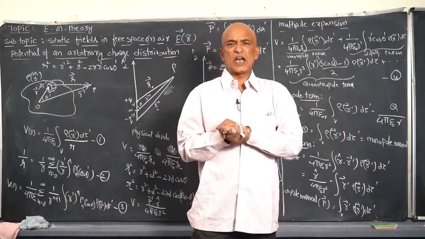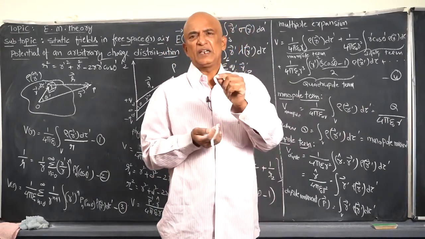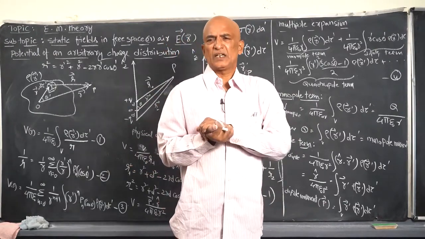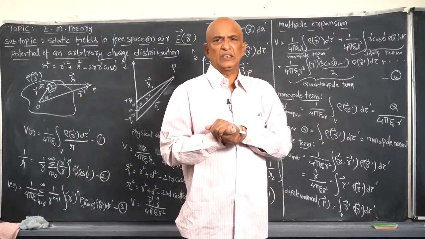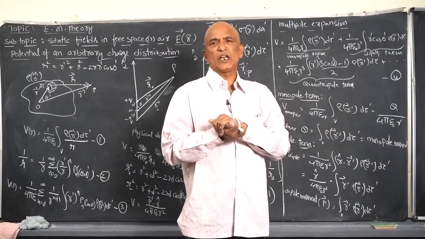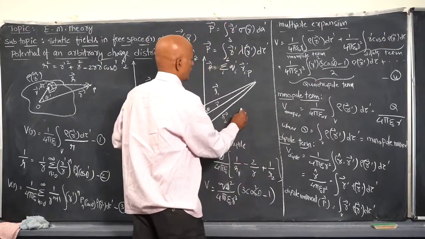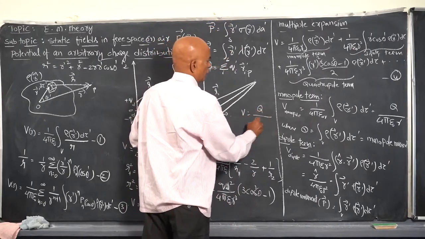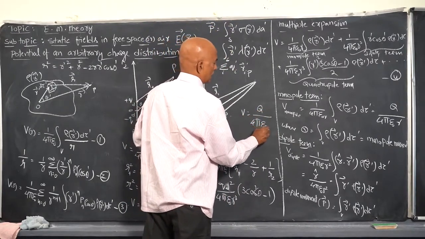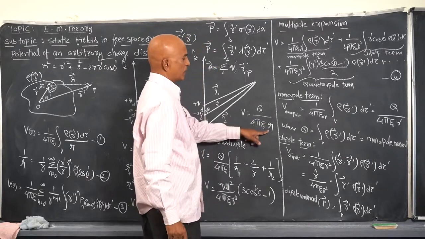The same point charge, when it is shifted from the origin, has its potential given by V equal to q by 4 pi epsilon naught separation vector r.